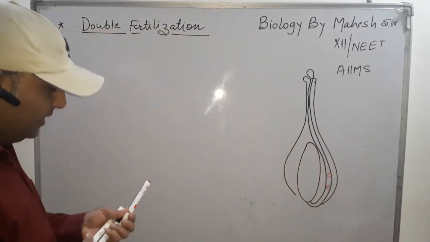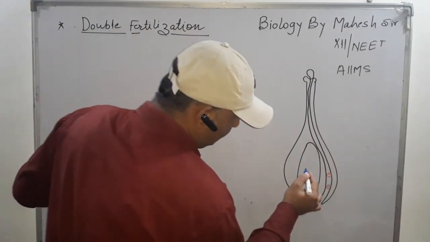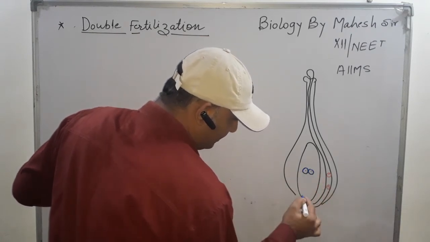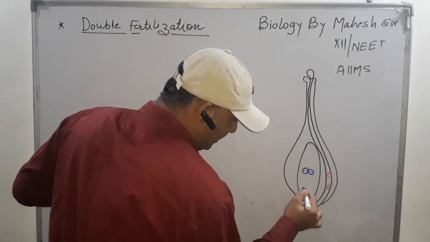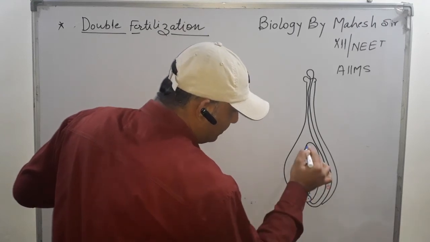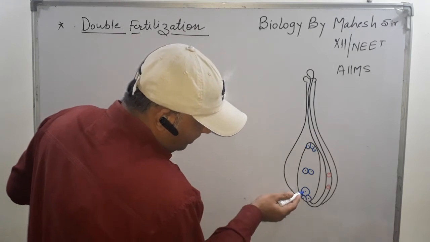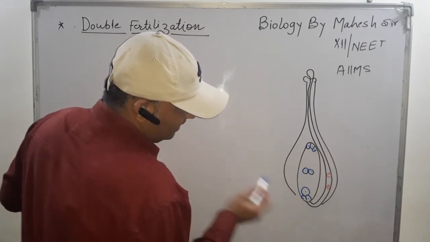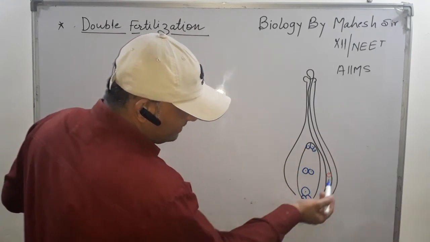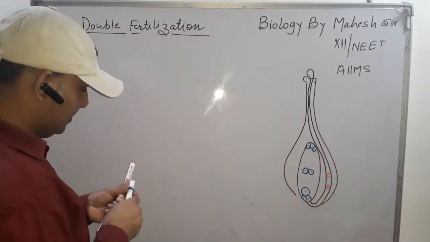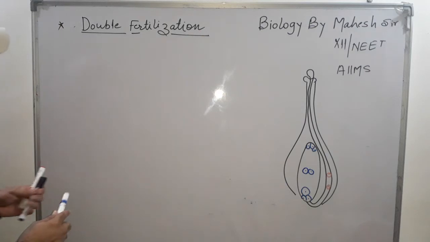The embryo sac contains the polar cell, synergid cell, egg cell, and three antipodal cells. The first gamete fuses with the egg cell, the second gamete fuses with the polar cell, and that process is called double fertilization.